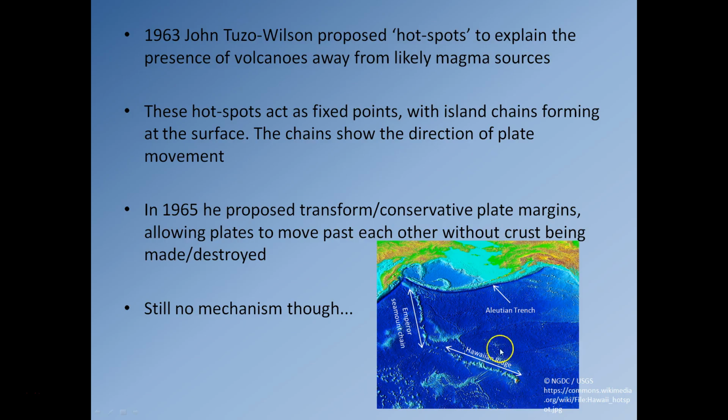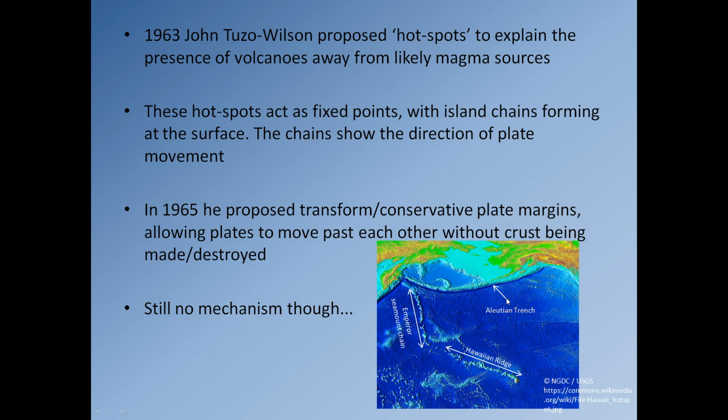So essentially, that means that Tuzo-Wilson has now provided evidence to show that the plates are moving. So he's saying in this case, you can see the Pacific plate at the moment is moving in a northwesterly direction. And then we have the Emperor Seamount chain up here. That's in approximately a north-south direction. So that would suggest that for a while, the Pacific plate was moving northwards, like so.